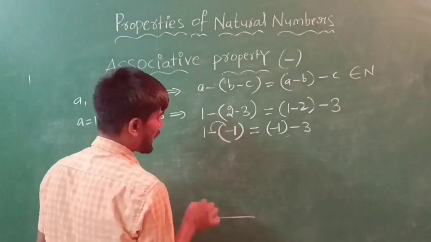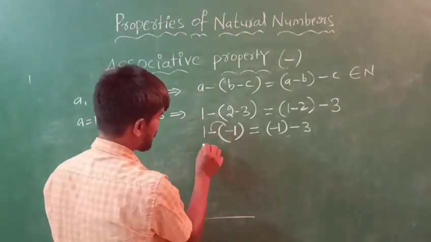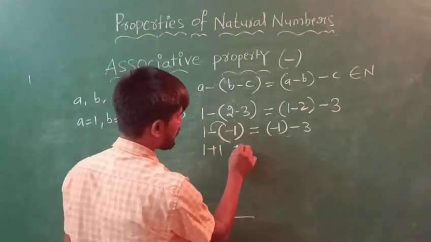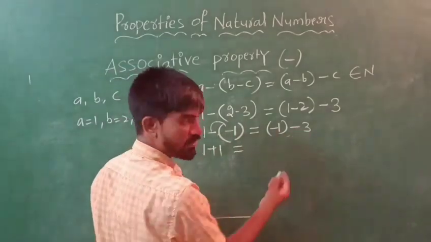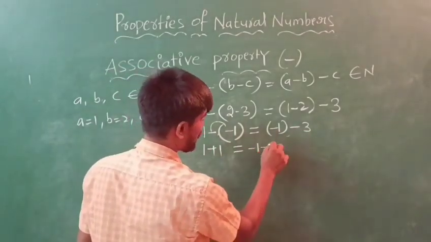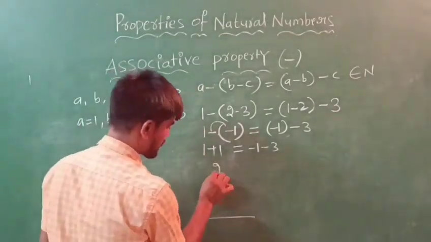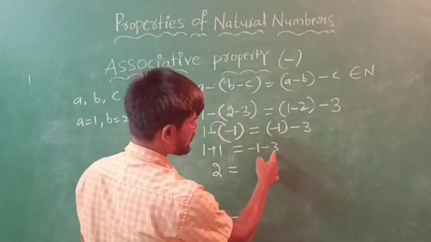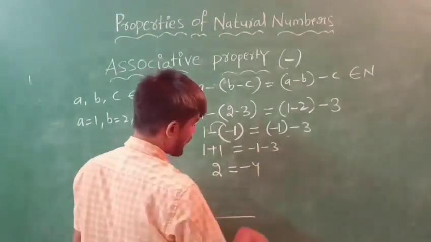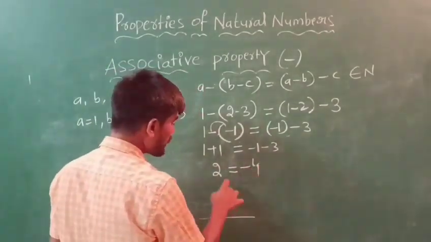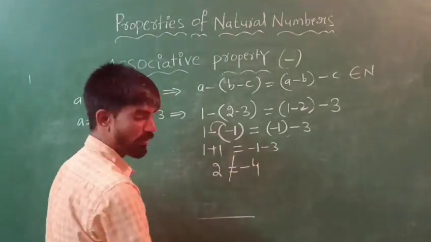Here I am multiplying inside the bracket: minus into minus means plus, so 1 plus 1 is 2, equal to minus 1 minus 3. Minus 1 minus 3 means minus 4. Here 2 does not equal minus 4.